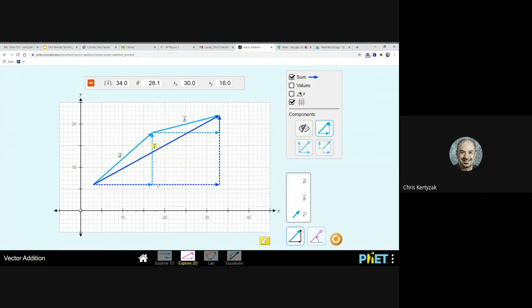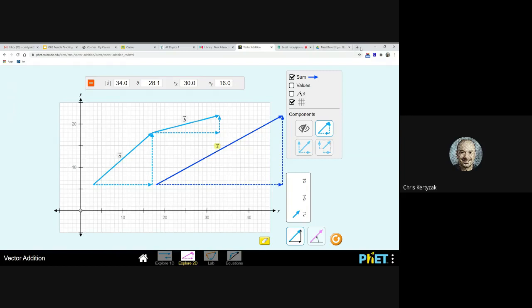And the direction, which was 33.6 degrees or so, is the angle between here and here. That's the direction that this resultant vector points, 33.65 degrees.